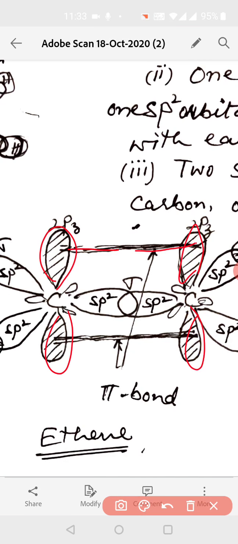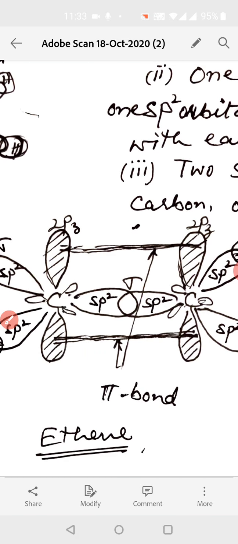They overlap to form a pi bond. This is the upper side cloud of the pi orbitals, and this is on the lower side. The pi orbitals overlap sidewise to make a double bond. Now this is the case of ethene, carbon double bond carbon and 2 hydrogens on each carbon.